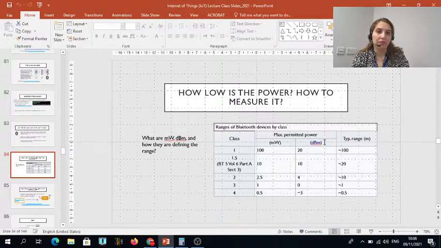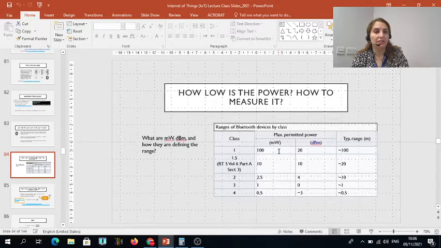If you remember, we looked at this table, which shows the range of Bluetooth relevant to the maximum permitted power. We have different classes of Bluetooth. I'm hoping everyone understands how we can convert watt to milliwatt to dB and dBm by the end of this lecture.